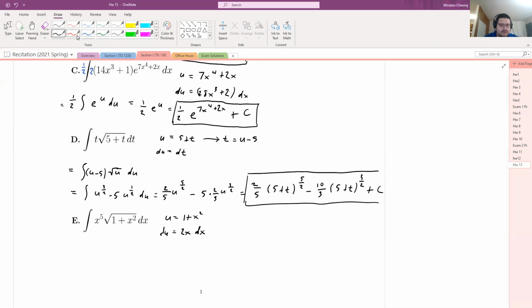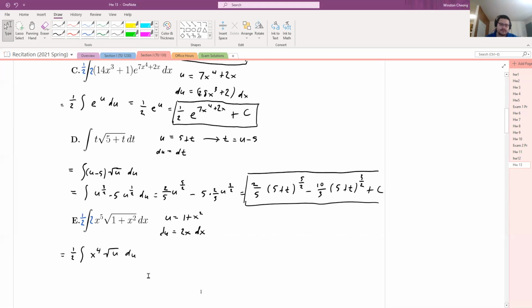First of all, I need to have 2x, so I'm going to introduce 2 by multiplying and dividing. And then when we try to convert it over, initially 2x dx will get absorbed and become a du. So the parts that are not absorbed are going to be x to the 4th, and this square root is going to be a square root of u, du.